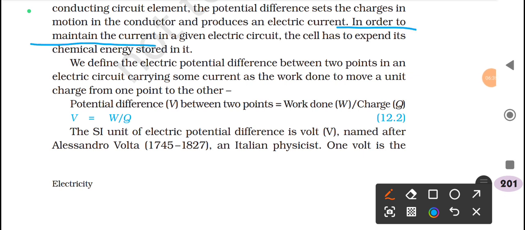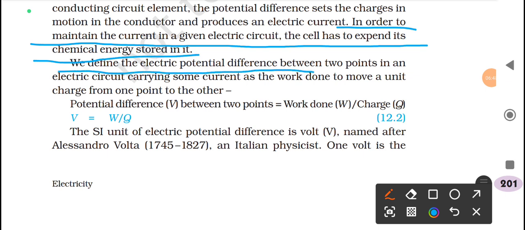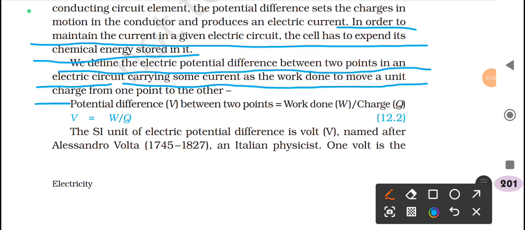In order to maintain the current in a given electric circuit, the cell has to spend its chemical energy stored in it. We define the electric potential difference between two points in an electric circuit carrying some current as the work done to move a unit charge from one point to the other.